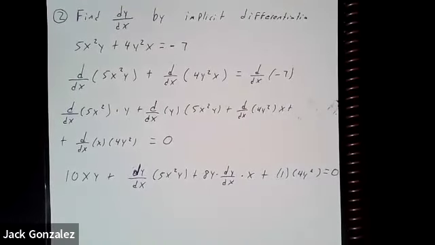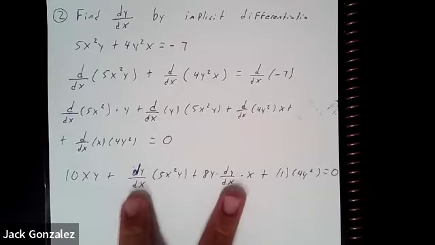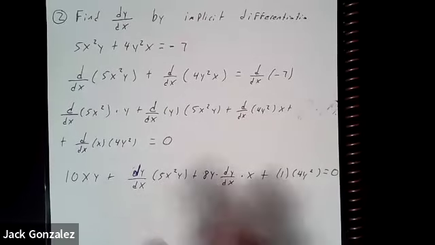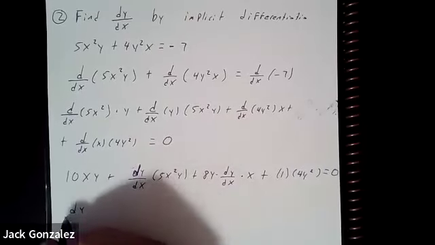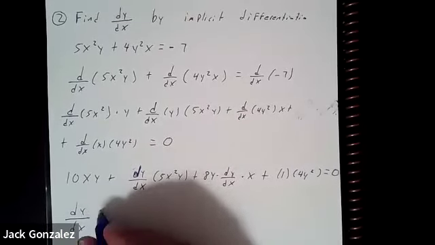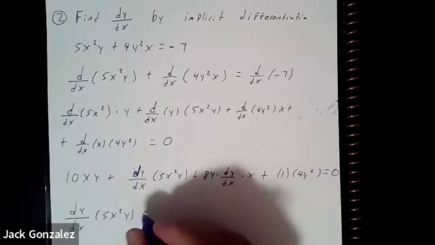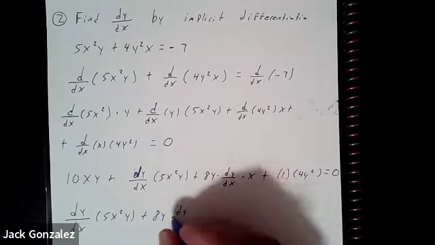So at this point, we're just going to do algebra and solve for these guys. So just factor dy dx. Get the ones with the dy dx on one side, everything else on the other side. I'm gonna skip some basic algebra. If it bothers you, let me know, I can show more steps.